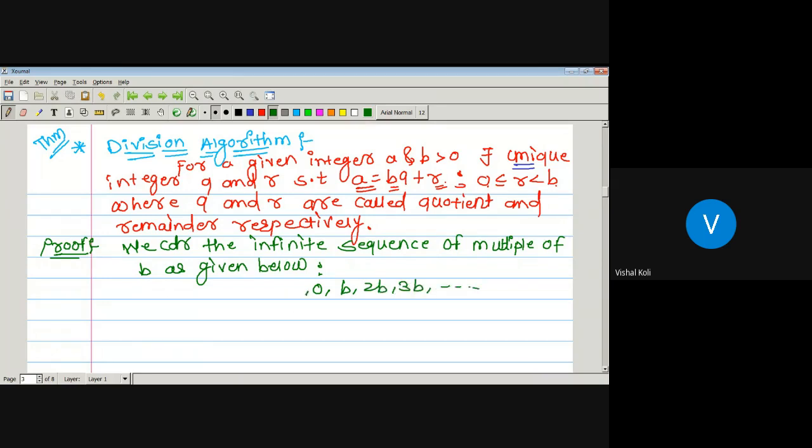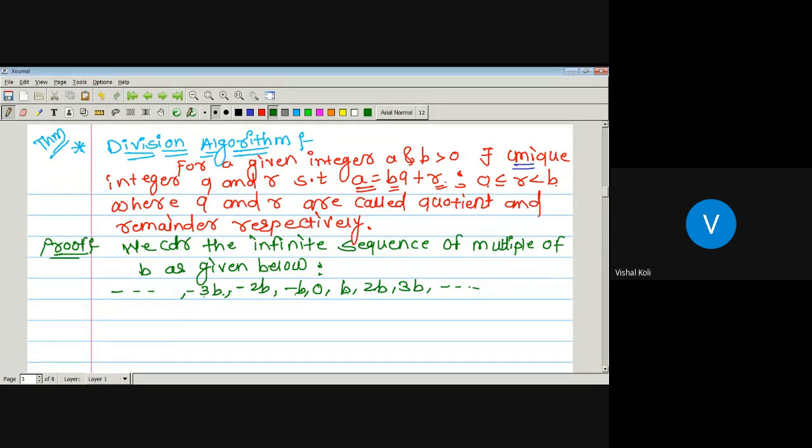And on this side, minus B, minus 2B, minus 3B, and so on. So this is an infinite sequence of multiples of B, that is, 1 times B, 2 times B, 3 times B, 4 times B. Similarly, minus 1 times B, minus 2 times B, minus 3 times B, and so on. So it is a sequence of multiples of B.